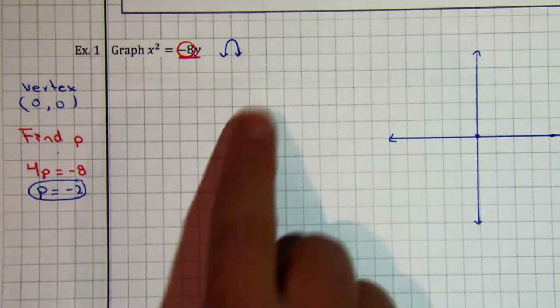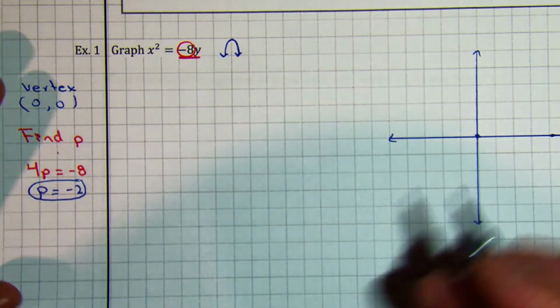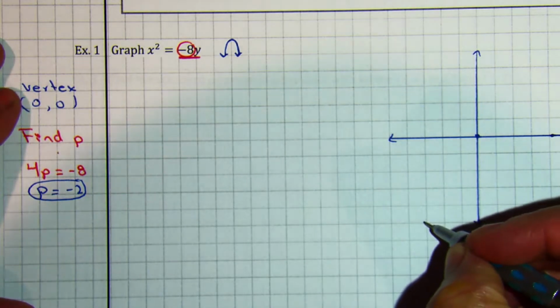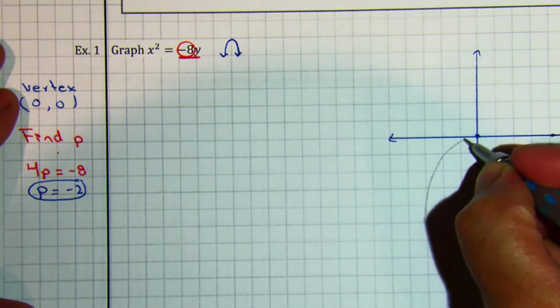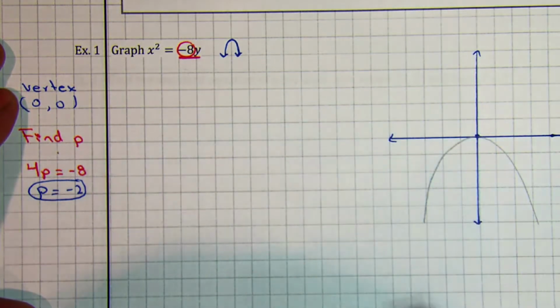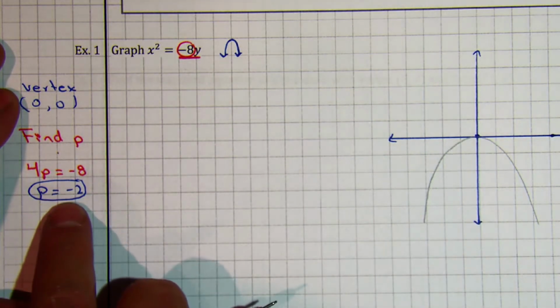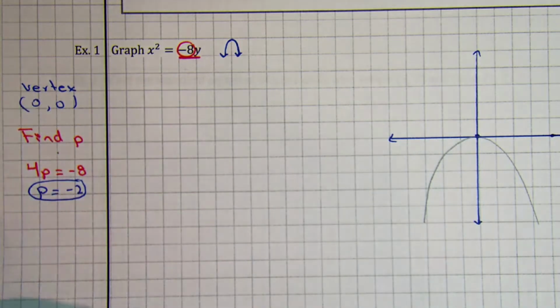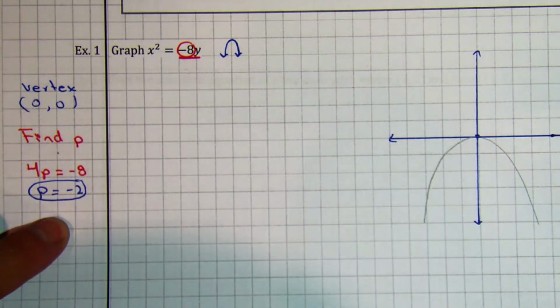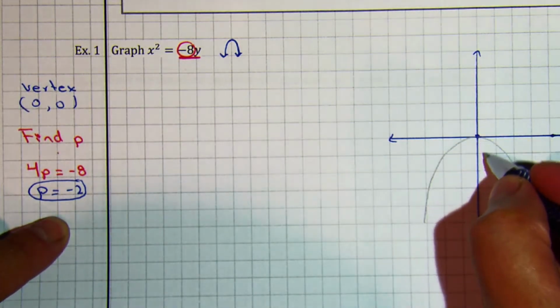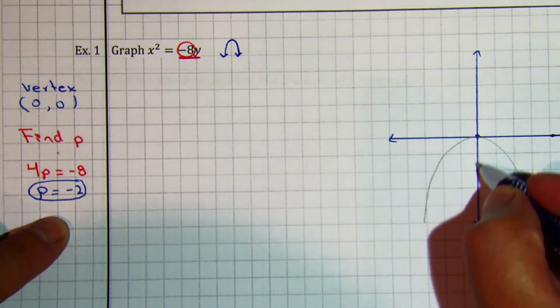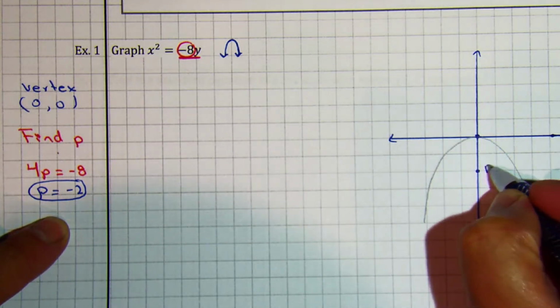I know my parabola is facing down, so I'm going to make a quick sketch of my parabola facing down. Now that I have the quick sketch, I know that p is -2, and my focus has to be inside my parabola, so I'll go 1, 2, and that is my focus.